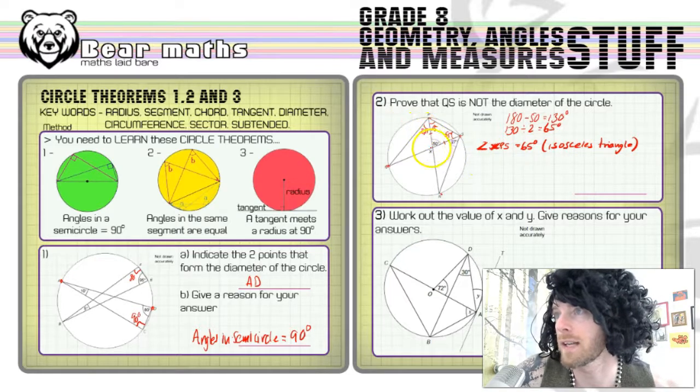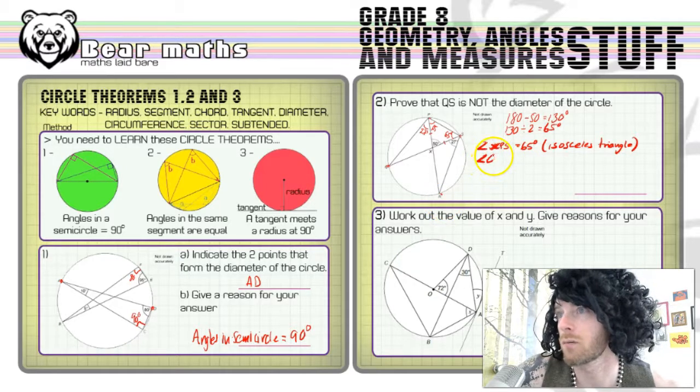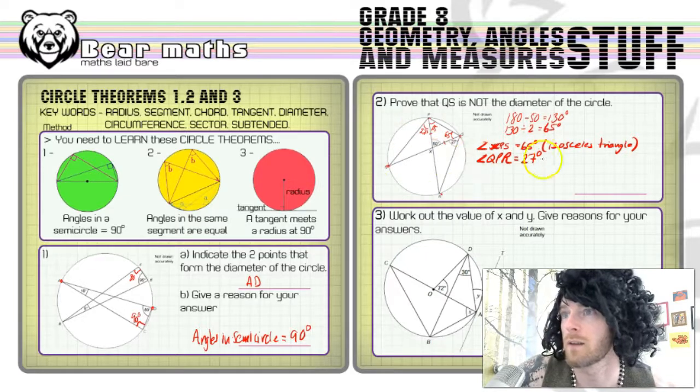And then angle QP something, R, let's say that's R, angle QPR equals 27, or QPX, 27 degrees, and that's because angles in the same segment are equal.